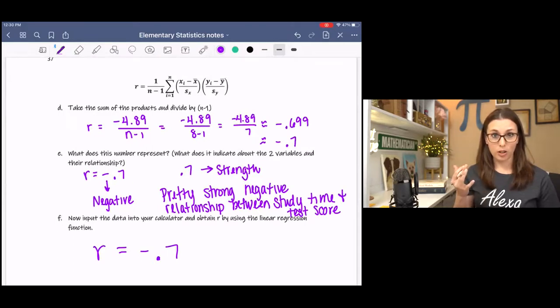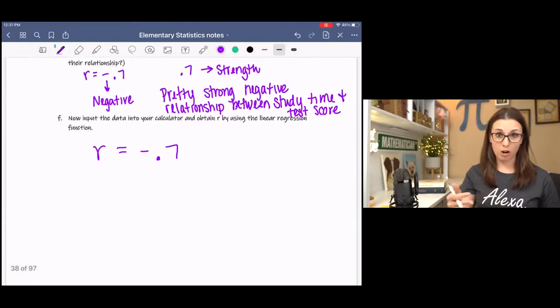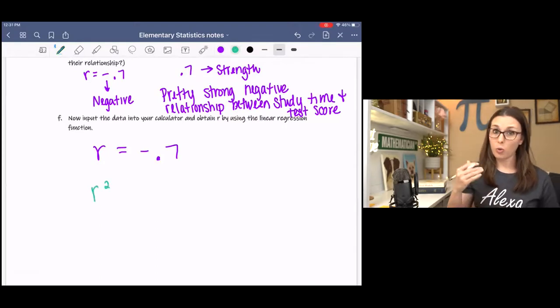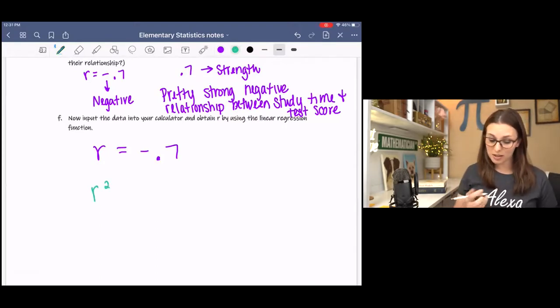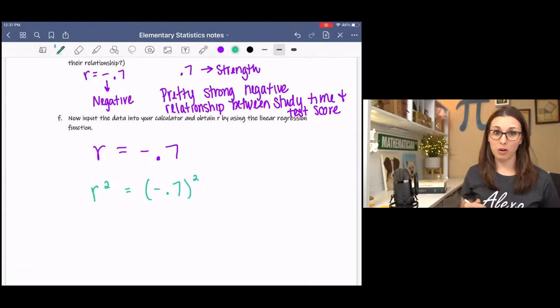If you wanted to find R squared by hand, you can do the exact same process. It's kind of a kill two birds with one stone type of thing. And then literally all you have to do is take this R value that you found, and R squared means that you are squaring that value that you already found.